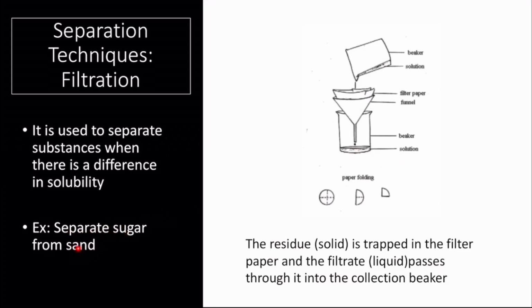So in this case, the sand will be trapped in the filter paper, and the liquid with the sugar dissolved in it will go through the paper, and you separate sugar from sand. Also, you can separate immiscible particles in some solution. For example, big particles in water, you just pass it through the filter, and the particles will be trapped in the filter paper and water will go through.